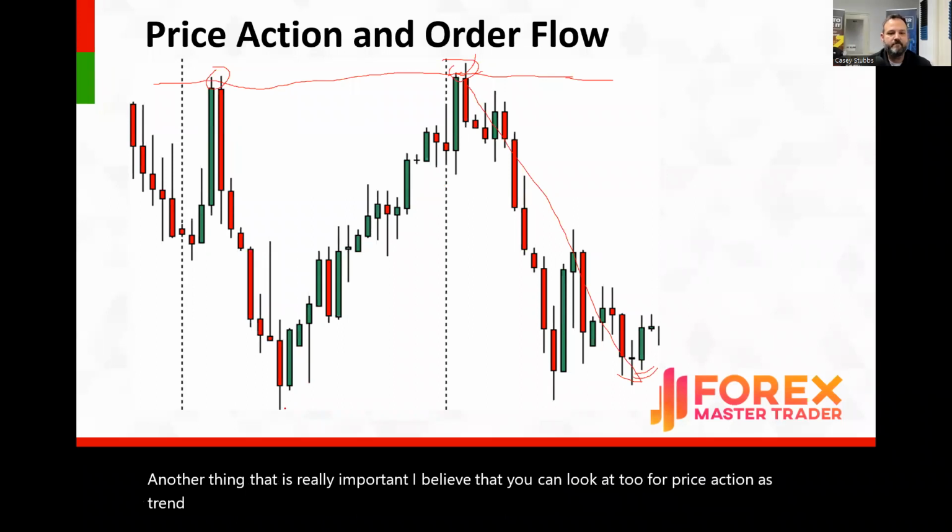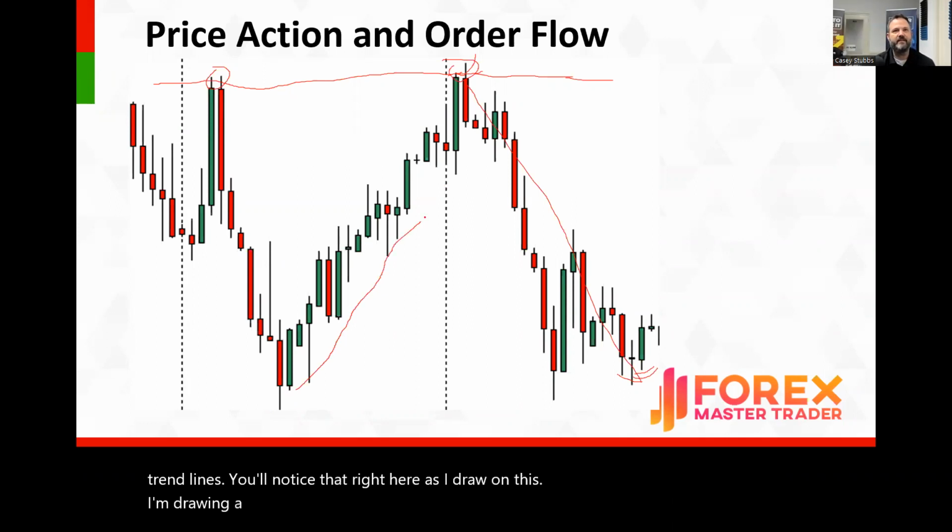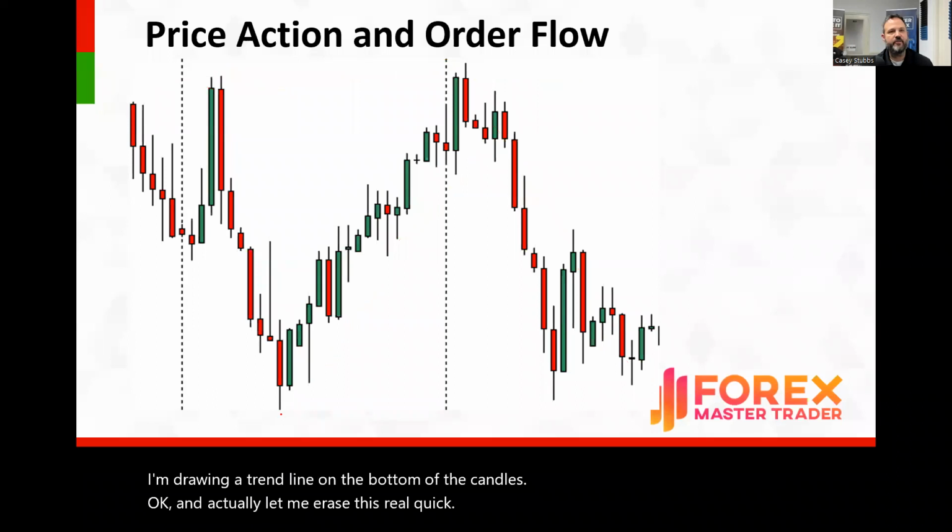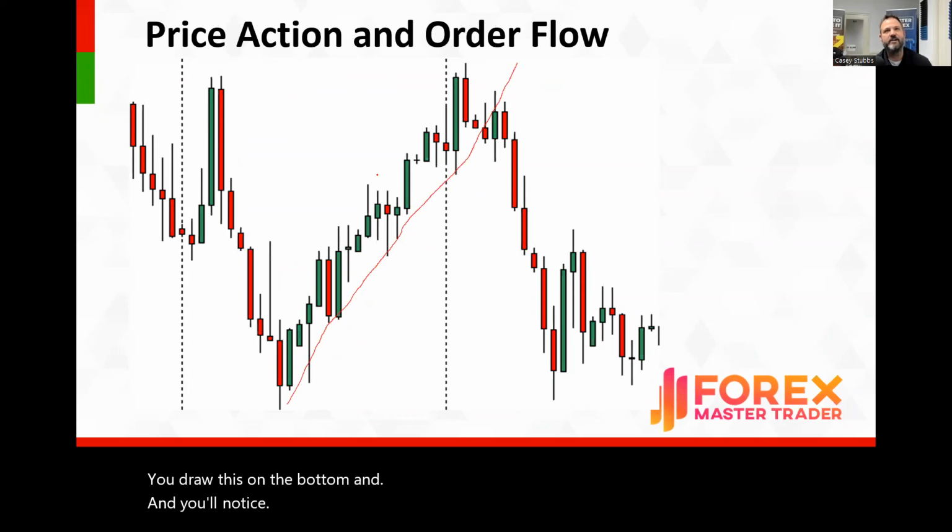You'll notice that right here, as I draw on this, I'm drawing a trend line on the bottom of the candles. Okay. And actually, let me erase this real quick. You draw this on the bottom, and you'll notice, right? Here's what I want you to notice is that price broke lower and then it retested.